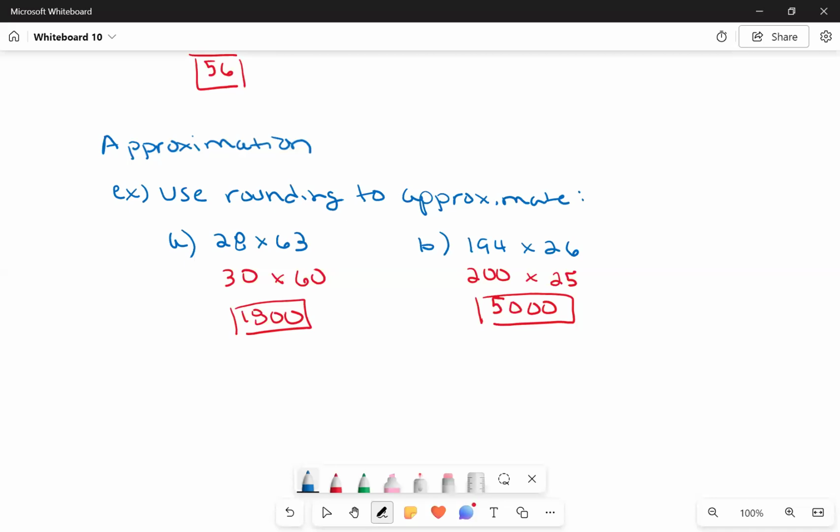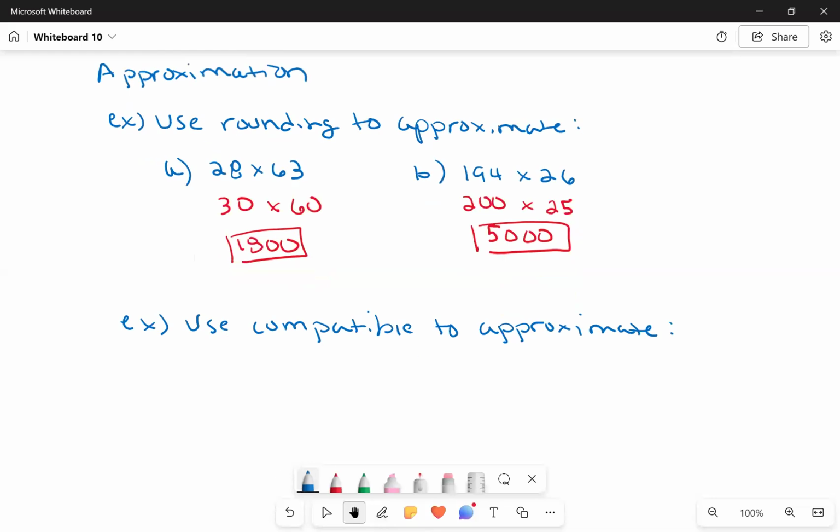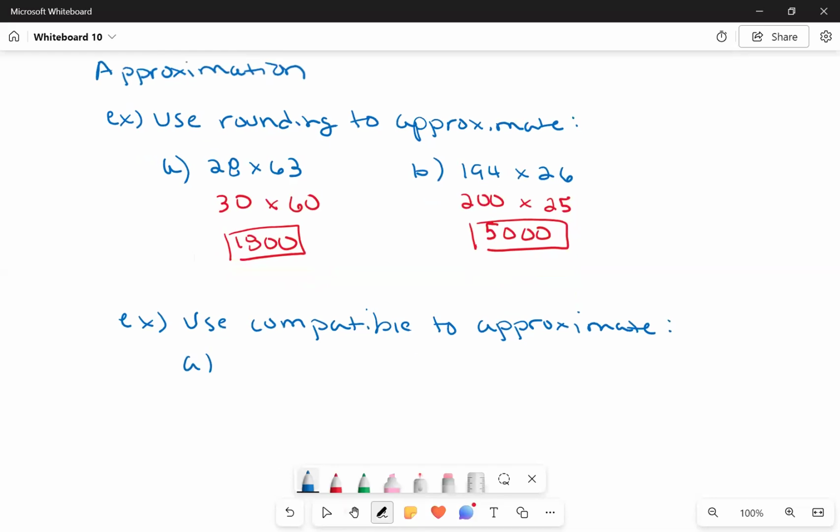Now let's say we use compatible numbers to approximate. Remember, with compatible numbers, we're trying to pair things up that make our life easier. So let's say I'm multiplying 2 times 117 times 49.